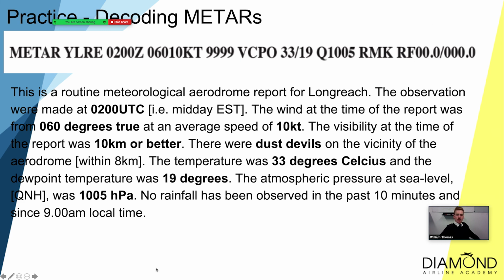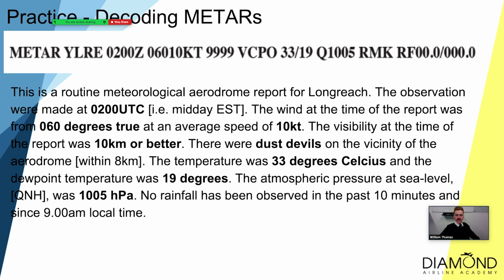Alright, so let's go through the words. This is a routine meteorological aerodrome report for Longreach. The observations were made at 0200 UTC. The wind at the time of the report was from 060 degrees true at an average speed of 10 knots. The visibility was 10 kilometers or better.